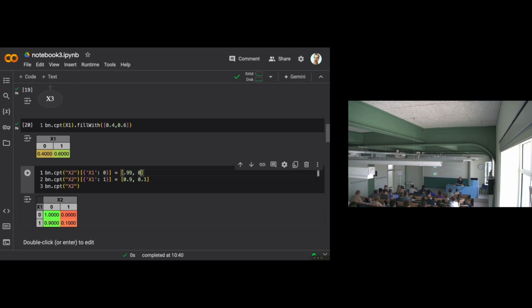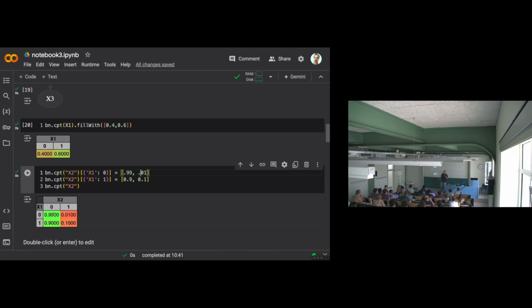Whatever, it's not important, it's just an example. So this is the distribution for x2 given that x1 is 0: 0.99, 0.01. And if x1, which is the parent, is 1, it is 0.9, 0.1.